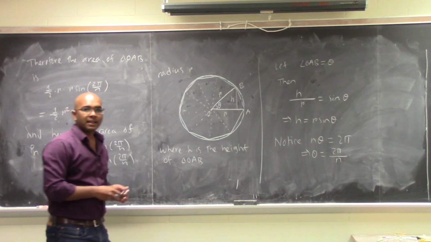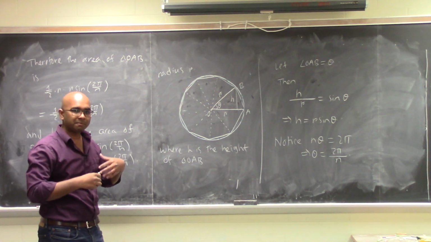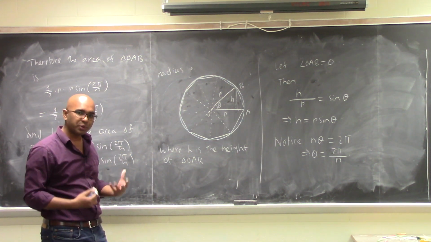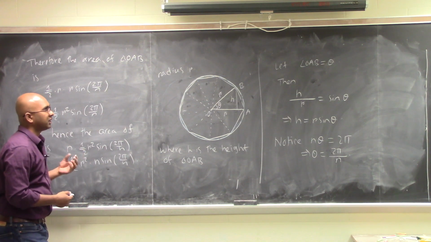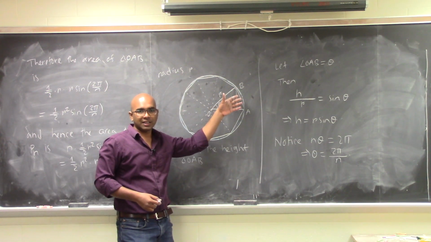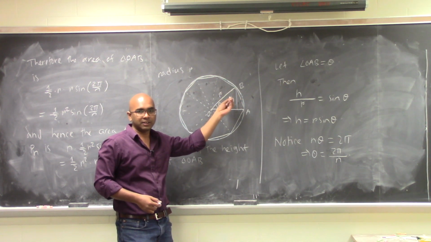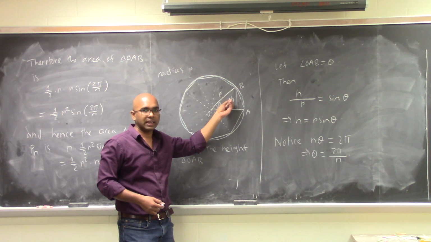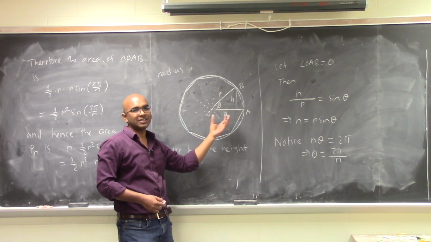And then keep doing and doing and doing. So what's happening actually? The number of sides of the polygons, which is n, is going towards infinity. So that's the technique.